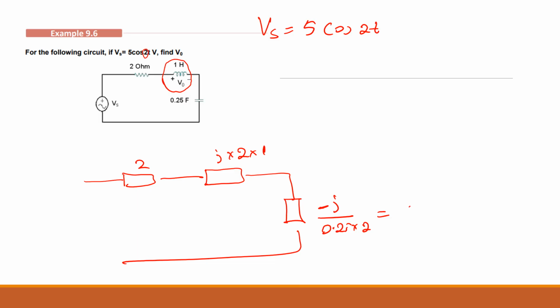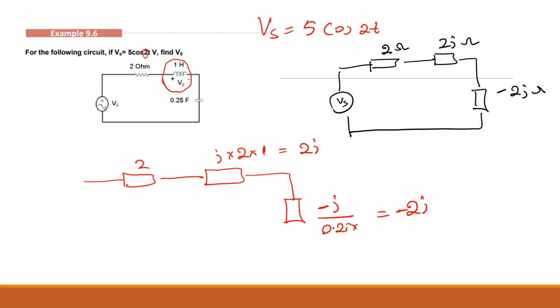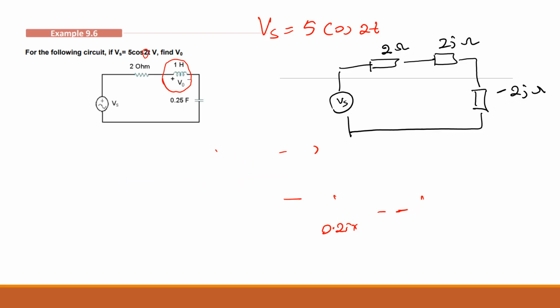So this one will be 2j, negative 2j, and this will be 2j. Am I right? So we can convert this to 3 impedances in series, agree? And this is our Vs, and this will be 2 ohms, and this will be 2j ohms, and this will be negative 2j ohms. Have I done anything wrong in the calculations? You got the same, right?